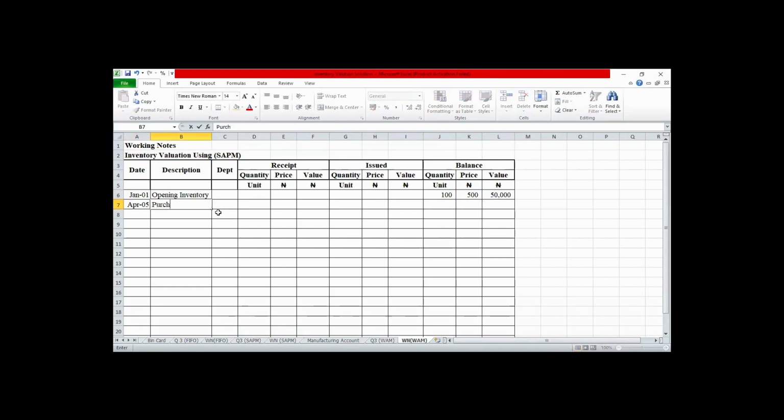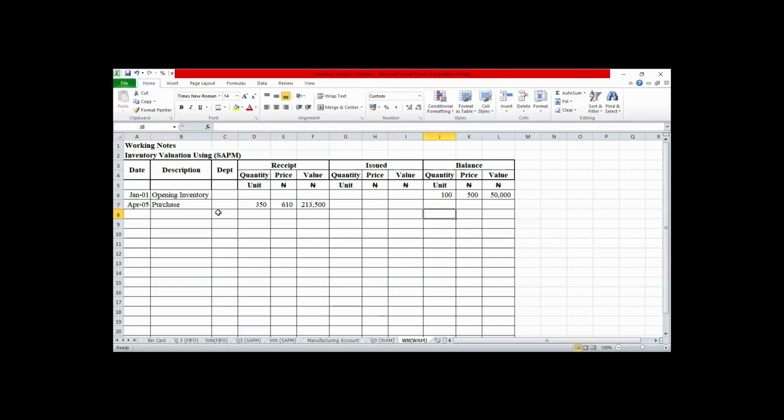Purchases. How many do we purchase? 350 units. 350 units at what price? 610. Then that gives us what? 350 times 610. Is it clear? Yes, sir.